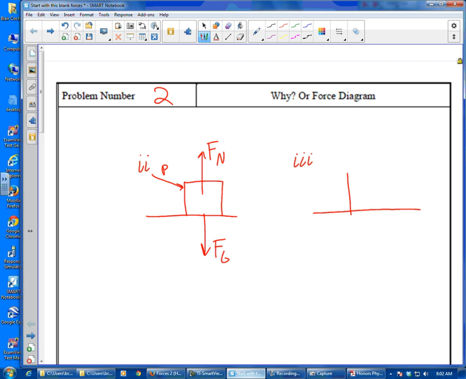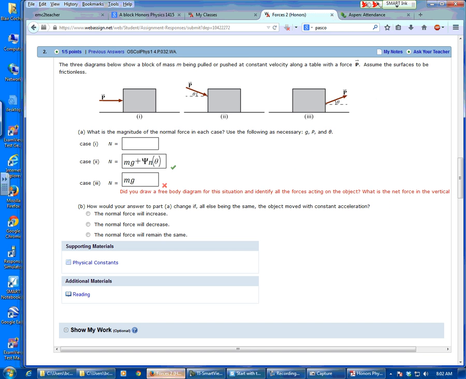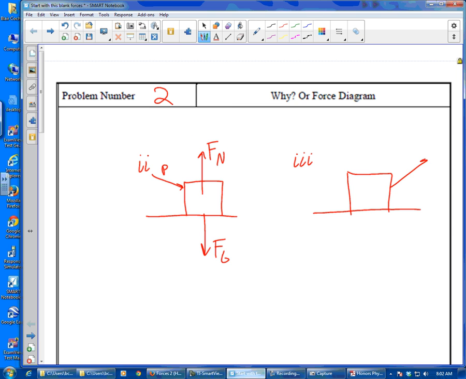And then I've got to put it up that way. Here, I've got P, force normal, and gravitational force. So those would be my force diagrams for this. That would be the part that counted for whatever points it applied.